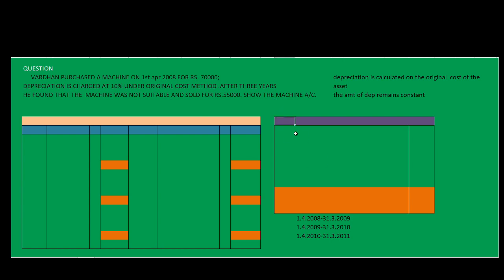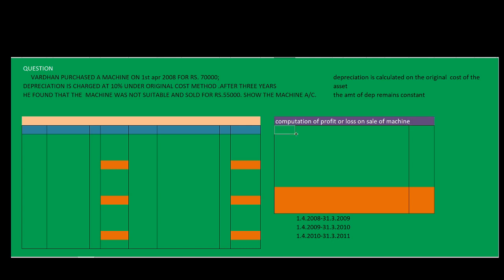Now let me start with the working. Whenever a sale of asset is given in the question, you should start with the working. What you have to work out is simple: computation of profit or loss on sale of asset. In this particular question, our asset is the machine, sale of machine.